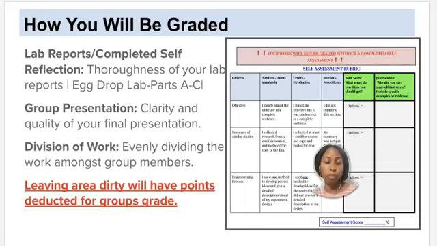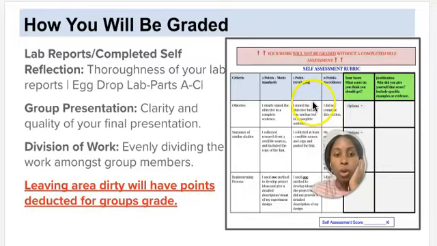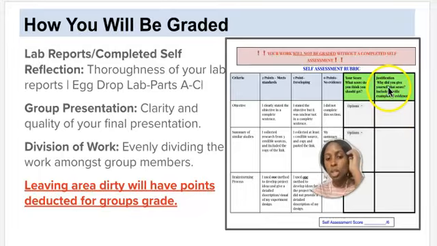And finally, this is how you're going to be graded. Your lab report has 4 parts. You have parts A, B, C, and D as you put together your presentation. So you're going to have to complete your self-reflection, and I'll talk a little bit more about this, which is you're going to rate what you think you did on the rubric.